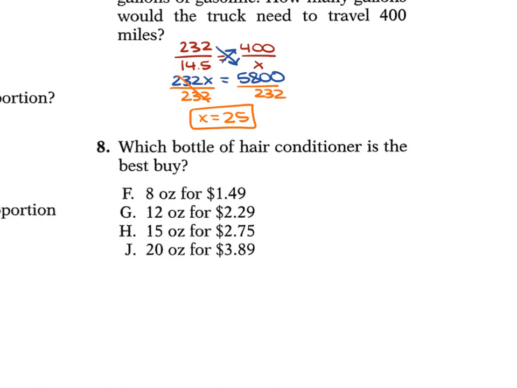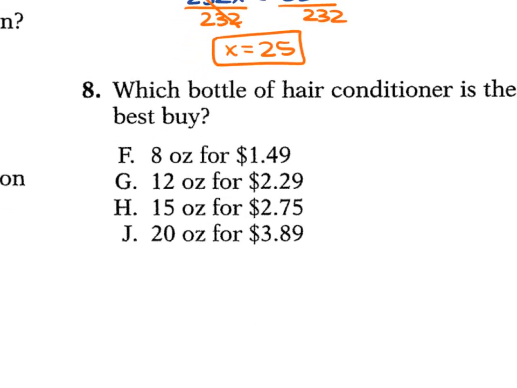For 8, it says which bottle of hair conditioner is the best buy. So for F, we have 8 ounces for $1.49, so it's 1.49 divided by 8. That gives us 0.18625. Next, we have 12 ounces for $2.29, so it's 2.29 divided by 12. That's 0.19083, repeating.